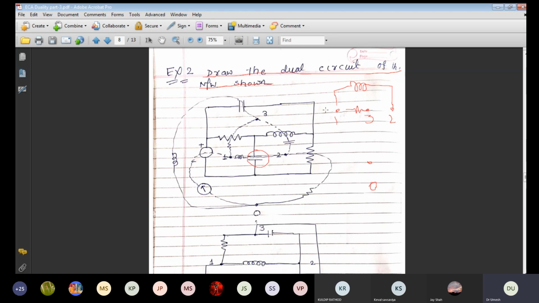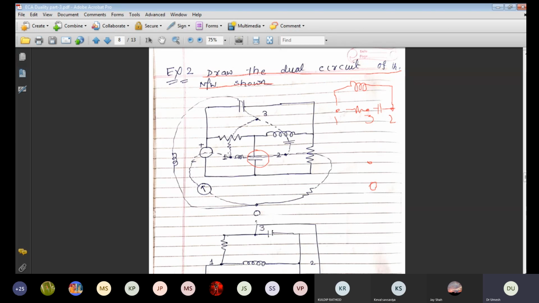Between 1 and 2, this is 1, this is 2, this is resistance. Now between 2 and 3 there is an inductor. Instead of inductor, I have to use a capacitor here. So I am connecting one more capacitor between 2 and 3. That is done, the common one is done now.